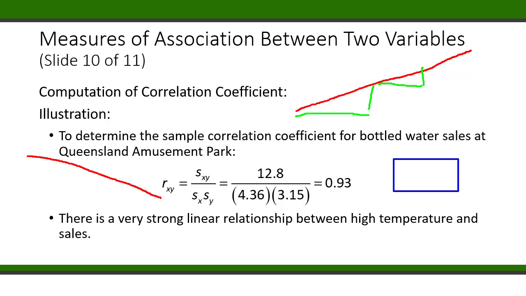Or if we started the other way, a decrease in x leads to a decrease in y. Starting from here, so that's smaller. So it's probably better if I just did it this way again. So if we've got smaller x, we got smaller y. So that's a negative slope. Hopefully you can see what that means.